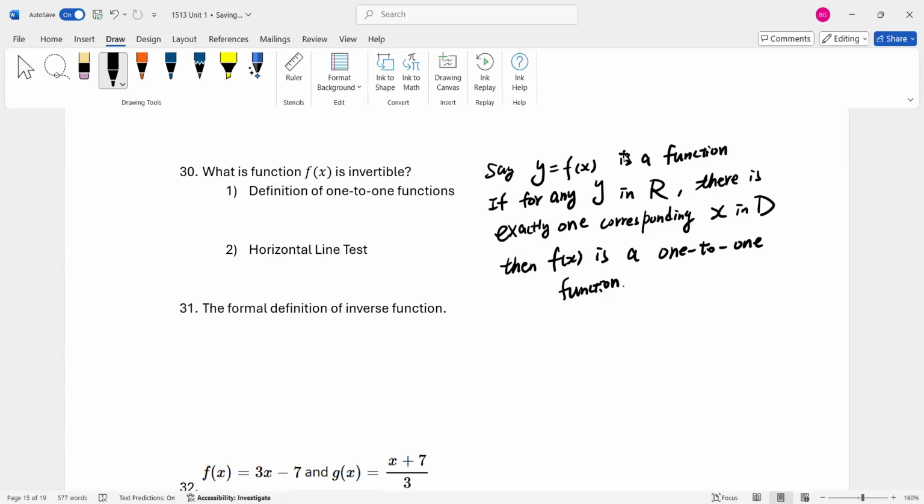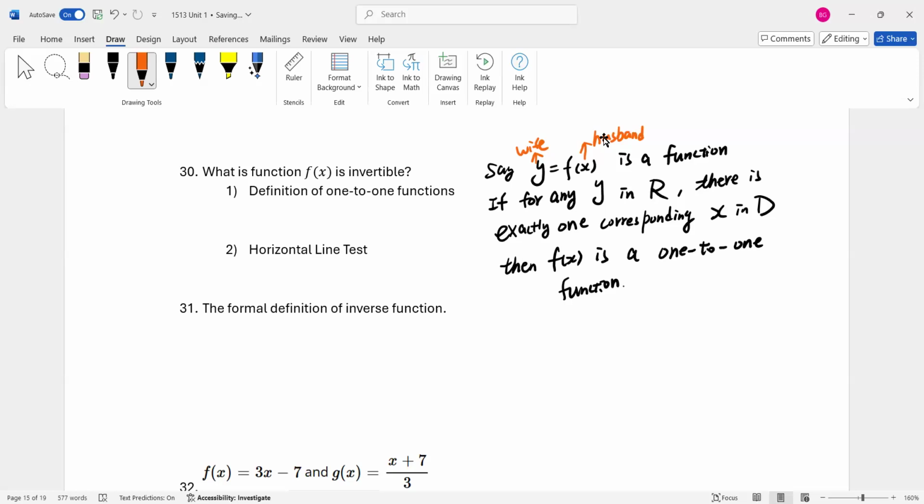Yeah, this is the definition for a one-to-one function, in words. And to make it easy for us, remember, in order for a relation to be a function, for each husband, X is a husband, Y is the wife, back to the beginning of the semester, the husband can only have exactly one wife.